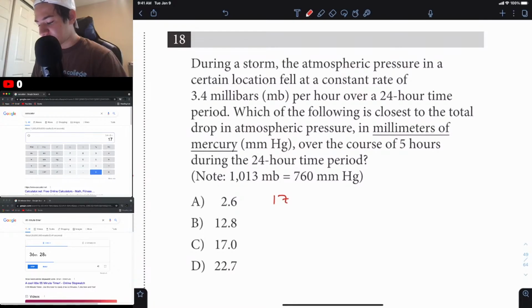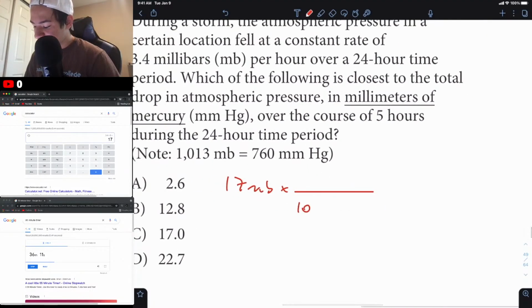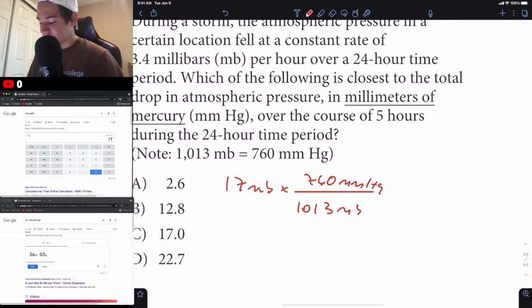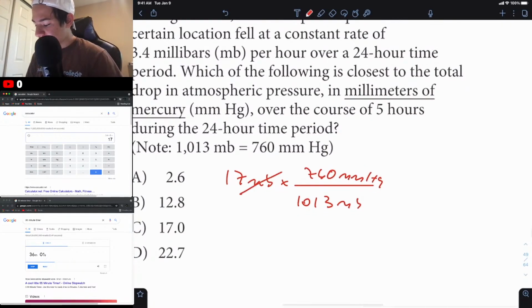So we can just convert, right? 17 mb times, and then we're going to use some dimensional analysis. So 1013 mb. We want our units to cancel. That's why we're putting mb on the bottom, because we want to be left with mmHg, millimeters of mercury.